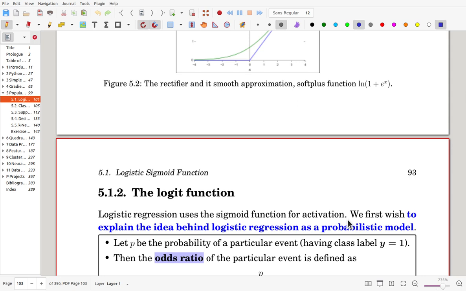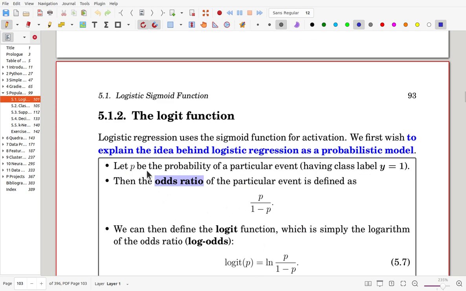Here, we want to explain the idea behind logistic regression as a probabilistic model. Let p be the probability of a particular event having class label 1, then the odds ratio of the particular event is defined as this ratio, p over 1 minus p.